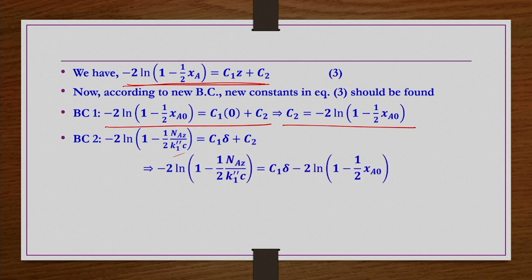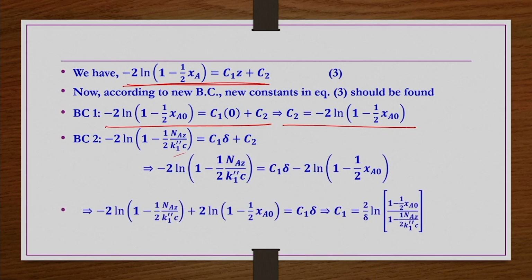From here C1 you get this particular term. The C2 we have substituted here, and then this ln term also we have taken to the left hand side, so that all the ln terms are together, and then on the right hand side we have only C1 delta.